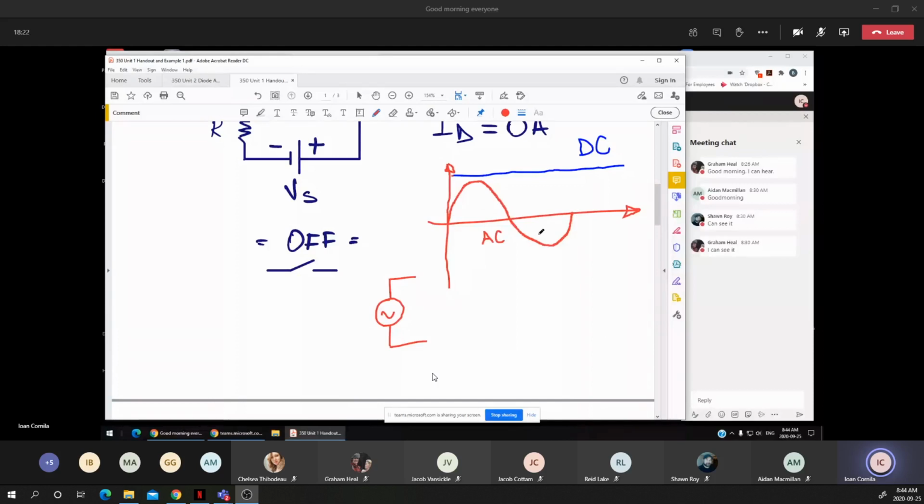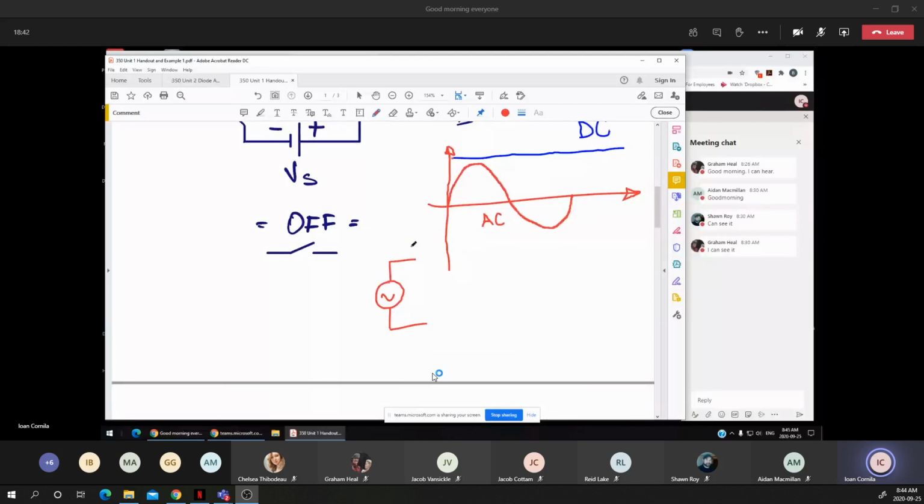For the second half of the period, the voltage is negative. I can reverse these two halves, starting with negative and after that the positive. Remember that the AC voltage source changes polarity after a given time.